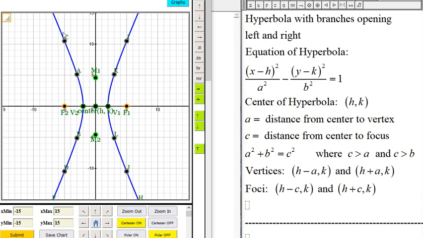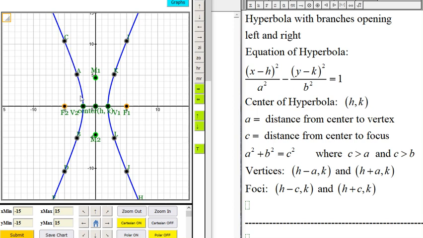So for any point on the hyperbola, the difference between the distance from that point to F1 and the distance from that point to F2 must be the constant 4.